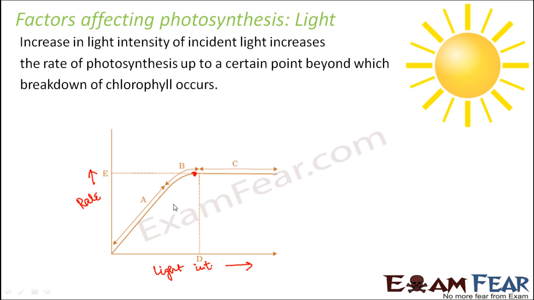That is why not too much light is required for a plant to perform photosynthesis. Even if a little light is there, they will be able to perform it, because the saturation point is reached only at 10% of full sunlight, and the plant can survive even below that point.